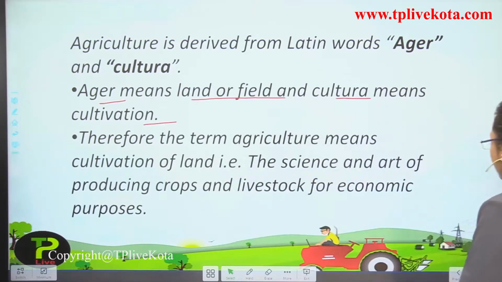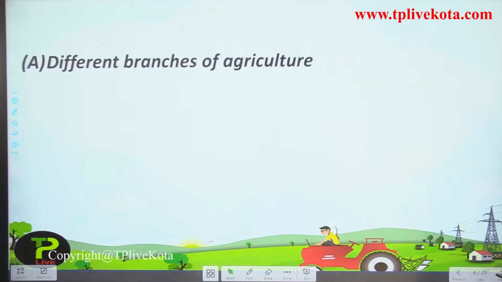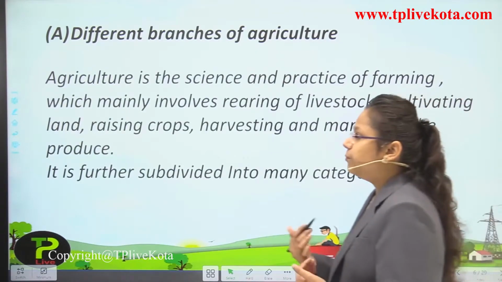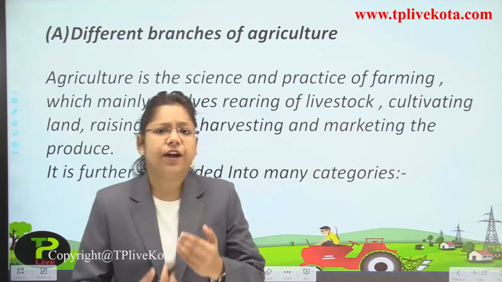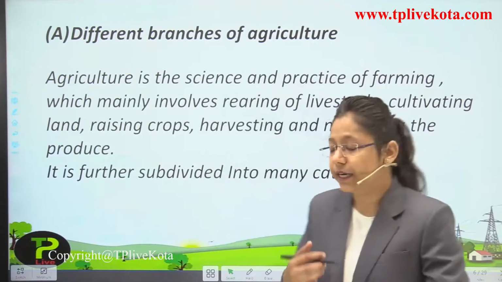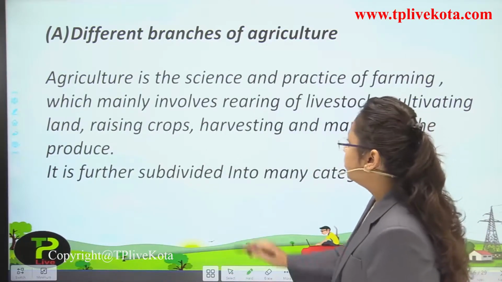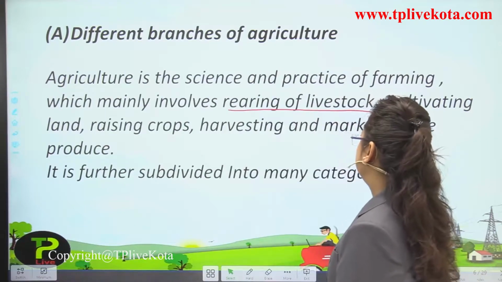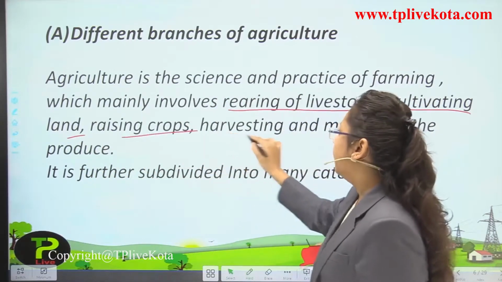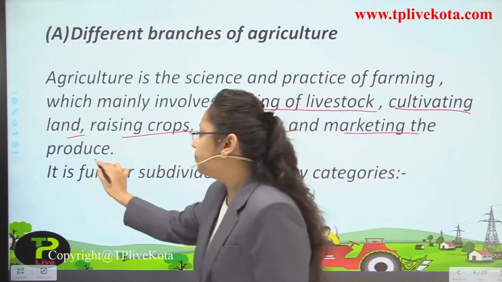Now, moving on to the next slide, we are going to study the different branches of agriculture. Agriculture includes all the things: rearing of livestock, cultivation of land, raising crops, harvesting, and marketing the produce.